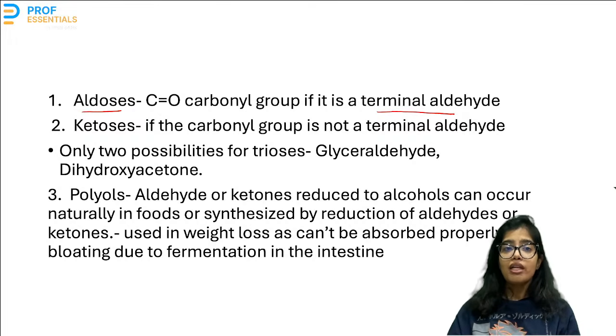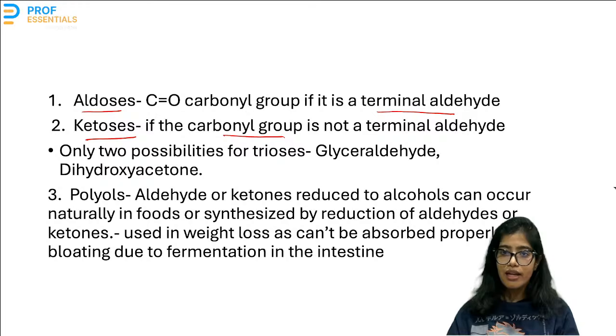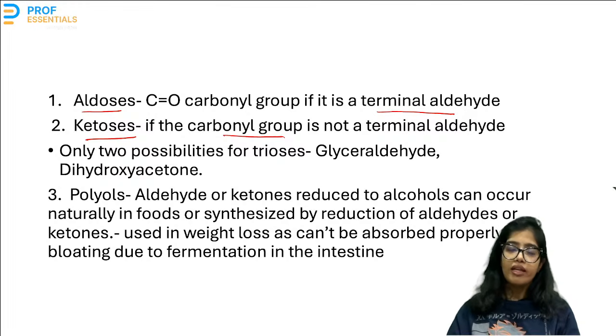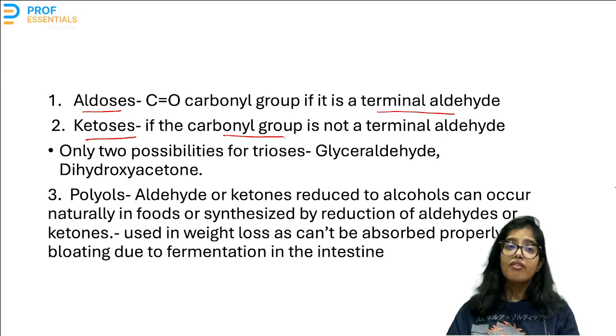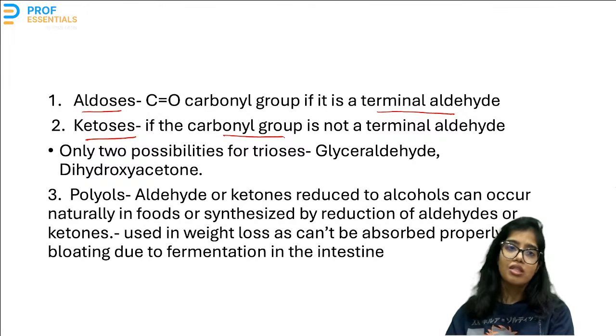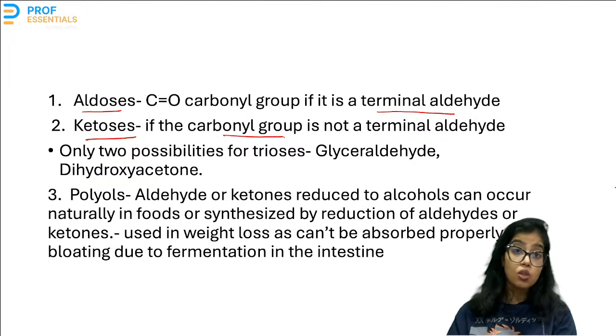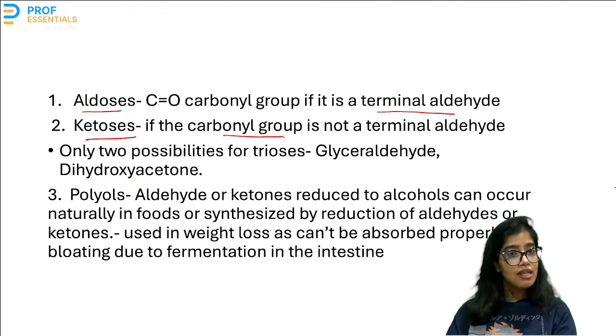If this polyhydric alcohol is a ketone derivative, that is, the carbonyl group is present as a ketone, not a terminal aldehyde, then it is a ketose. Understood? So if it is a derivative of an aldehyde, it is an aldose. If it is a derivative of a ketone, then it is a ketose. A classic example of aldose is glucose, and another classic example of ketose is fructose.